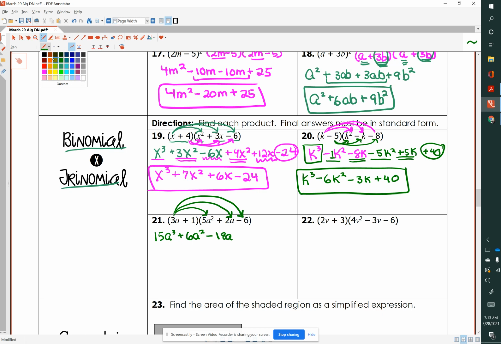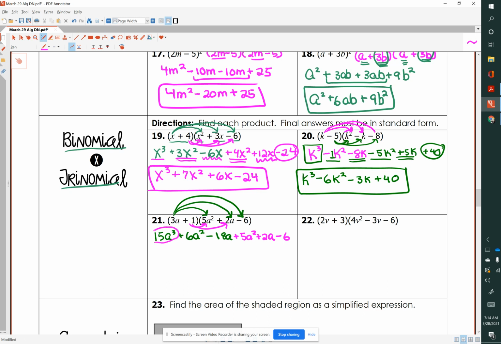Now let's work on the second term in the binomial. 1 times negative 5a squared, that's a positive 5a squared. 1 times positive 2a is positive 2a, and positive 1 times negative 6 is negative 6.